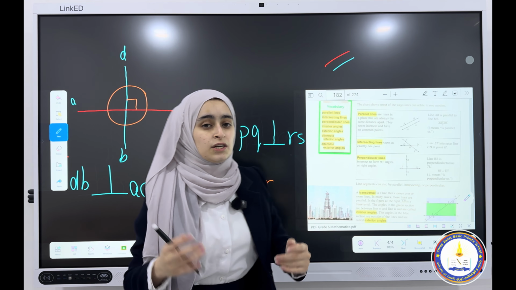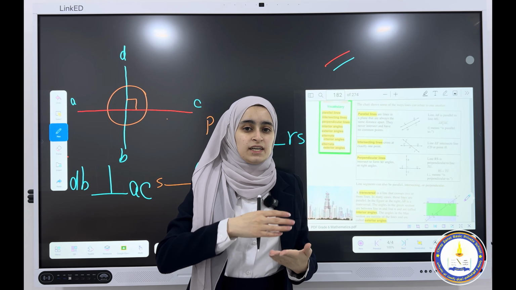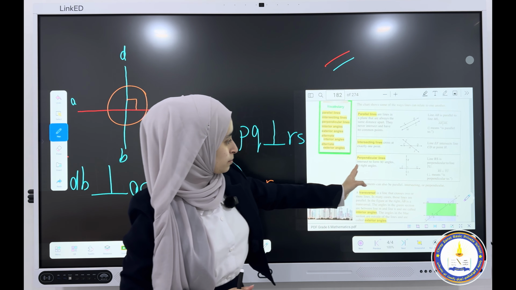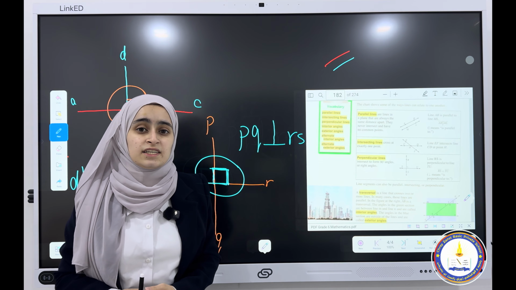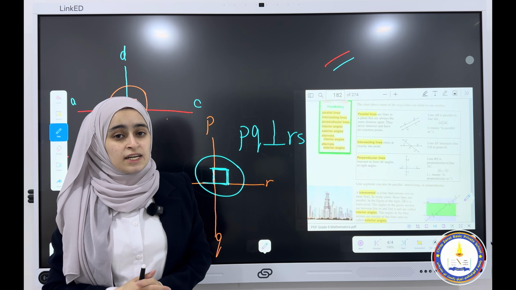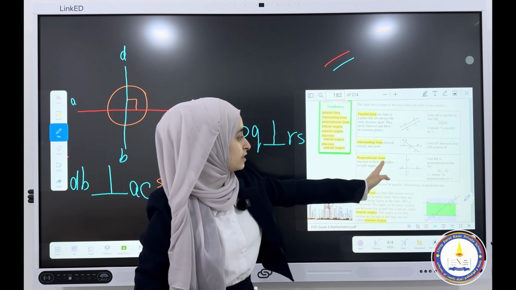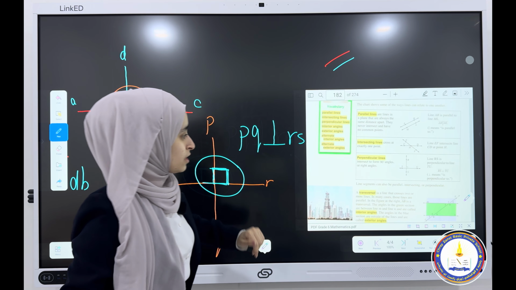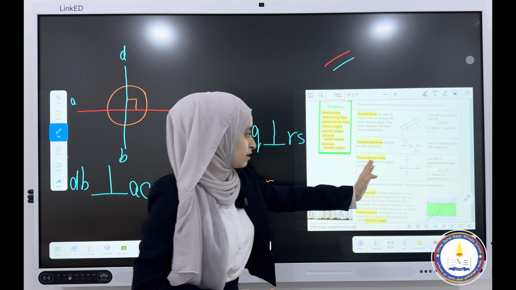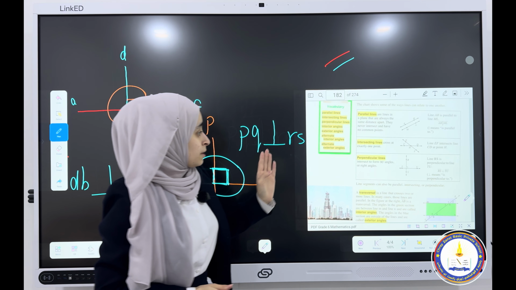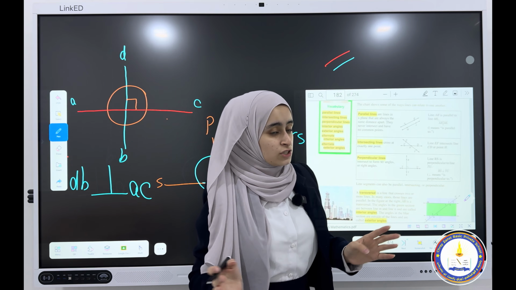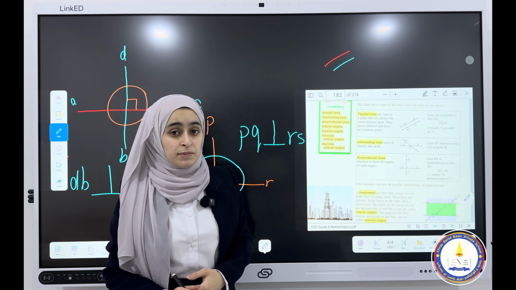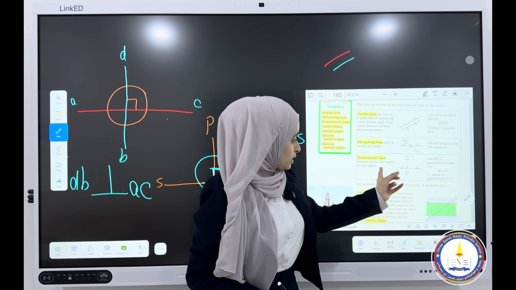Intersecting lines are two lines that intersect at any point with each other. How about perpendicular lines? They will meet each other at a point forming a 90-degree angle or right angle. This is the difference between intersecting lines and perpendicular lines. Intersecting lines just meet at any point without forming a right angle, but it should be 90 degrees in perpendicular lines.